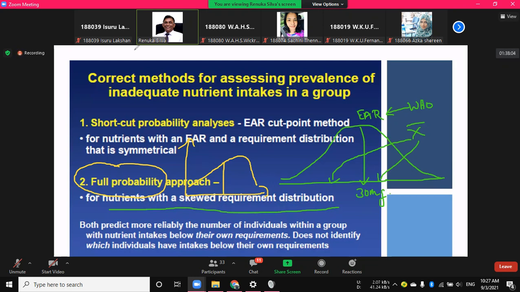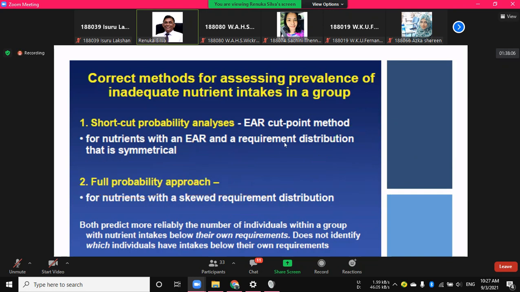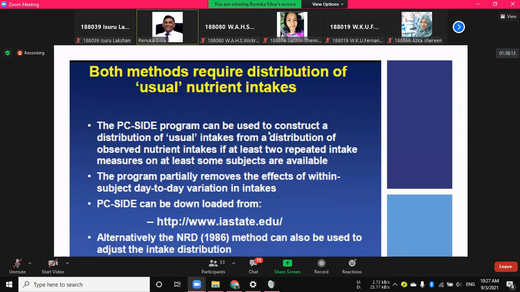These are more mathematical applications, or sometimes we need to use the computer software called PCSide. We recently started using PCSide software, and it gives the value. In the Sri Lankan population, preschool children, according to your data set, this much of a nutrient inadequacy.